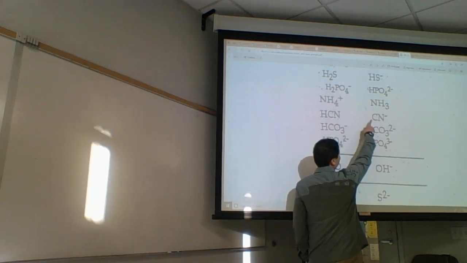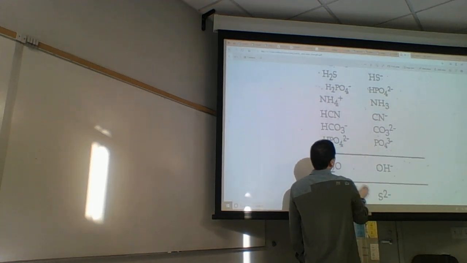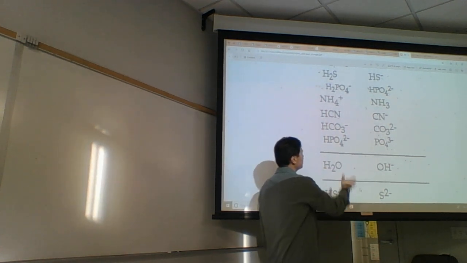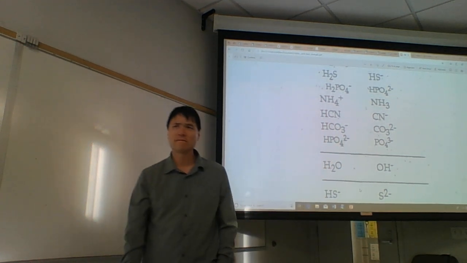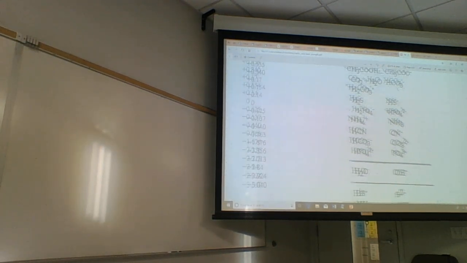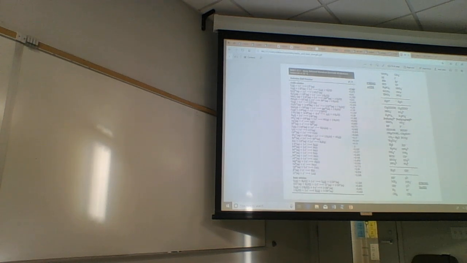Here's hydroxide, up there's ammonia. So hydroxide is more powerful. Over here, ammonium's more powerful. So the strongest acids are at the top left, and the strongest bases are at the bottom right of this chart. You can see here, the strong acids are up here, the strong bases are down here. This is because of the conjugate relationship.